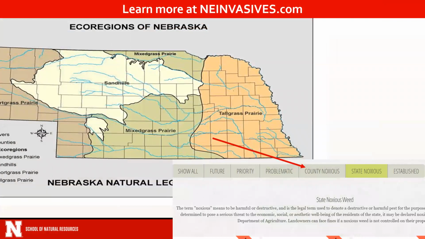So just to reiterate, when you go to our plant page, just pick a part of the state, and then you're going to have all these categories on the bottom there to look between. And one that I didn't talk about was problematic. So in the tallgrass prairie, if you go to the problematic category, it's going to bring up eastern red cedar, for instance, and that would be a plant that our Invasive Species Council isn't all comfortable calling invasive, although it has biologically invasive properties to it.